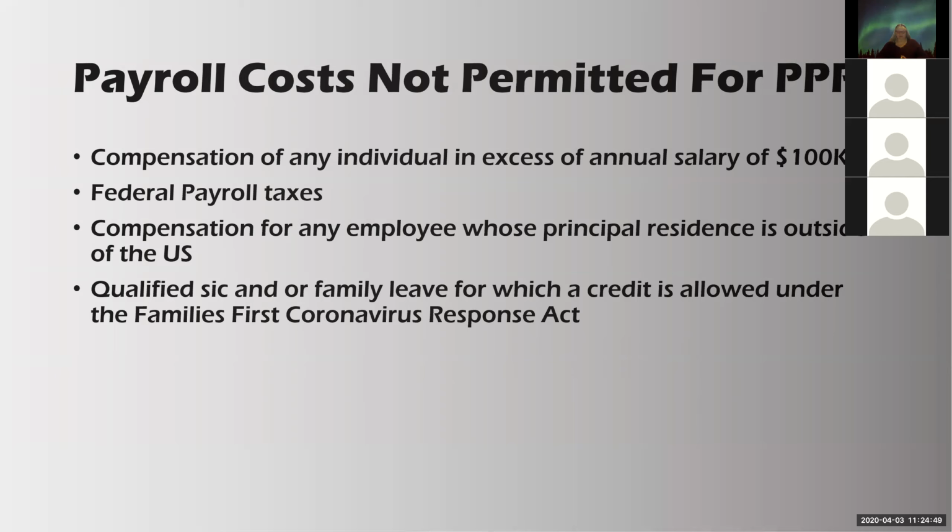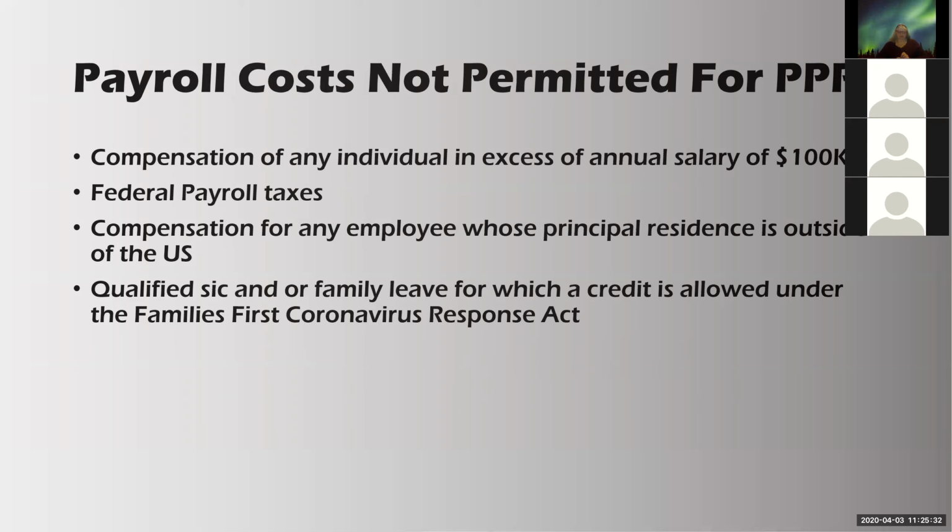It does not cover federal payroll taxes, and it does not cover compensation of an employee whose principal residence is outside of the U.S. So if you have a US-based business, but an employee lives in Mexico City, you can't qualify for that particular person. That does not mean that if you have employees in the States and out of the States, you can't use this for the ones inside the States. You just can't use it for the ones outside.